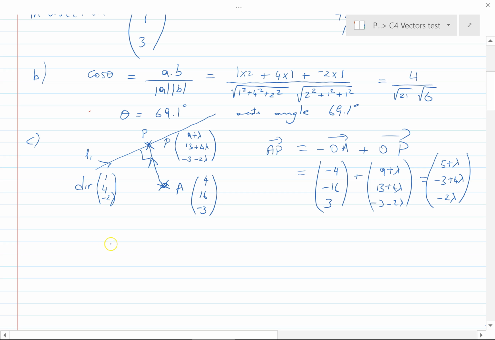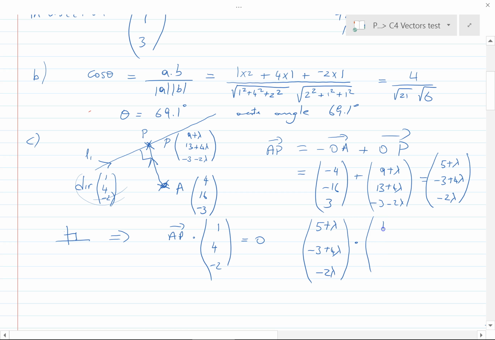Okay, so since they're perpendicular, that implies that AP dotted with the direction of the line L1, that's 1, 4, minus 2, equals 0. So AP is 5 plus lambda, minus 3 plus 4 lambda, and 3 minus 2 lambda, dotted with 1, 4, minus 2 equals 0.